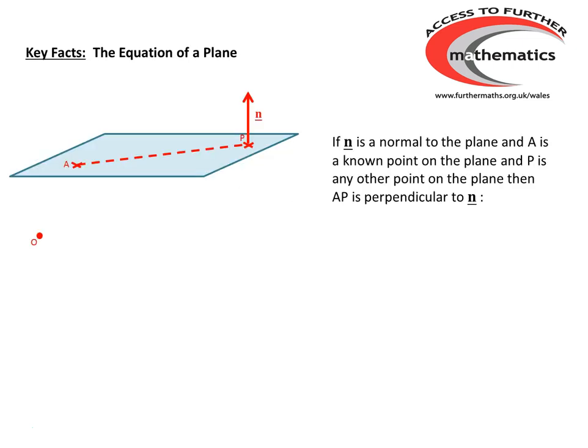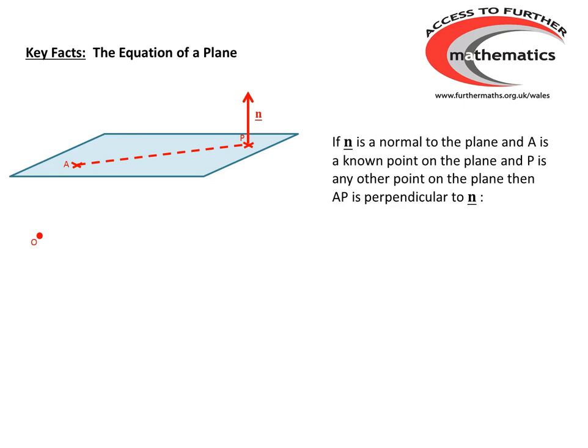Looking at the key concepts and the key facts, if we have a plane, then there is always going to be a normal vector, which we will call n, which is normal, or at right angles, to all vectors that actually lie on the plane.